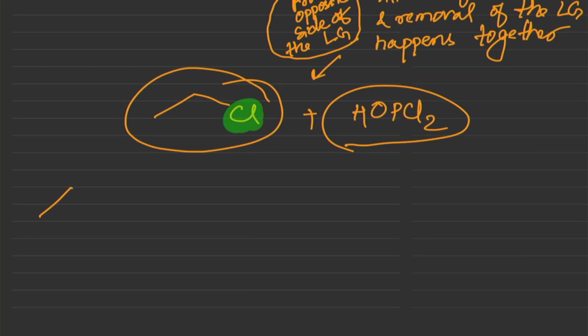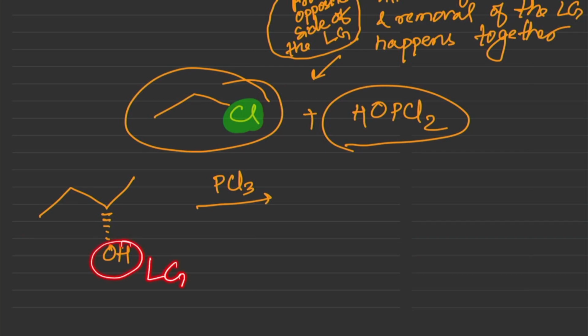So let's say we have a dashed OH and PCl3. In this case, the leaving group is pointing down. So which direction should our incoming group, Cl minus, approach from? It should approach from the top.